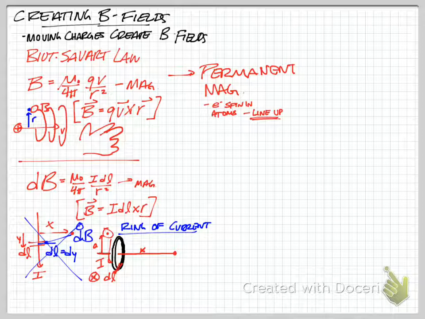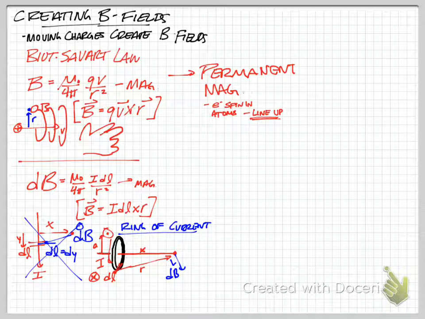So if dl is into the page at the bottom, and my radius points to here, the first thing as we set this up, well, look at it. So dl is into the page, my radius points that way. So from that bottom piece, my differential magnetic field points that way, which is at 90 degrees to my radius.